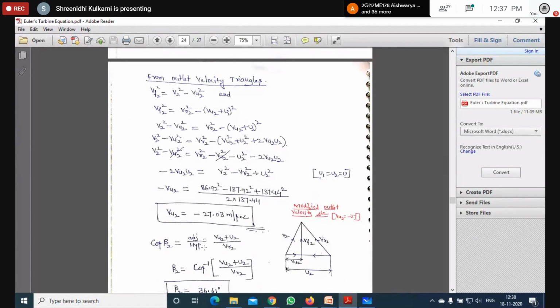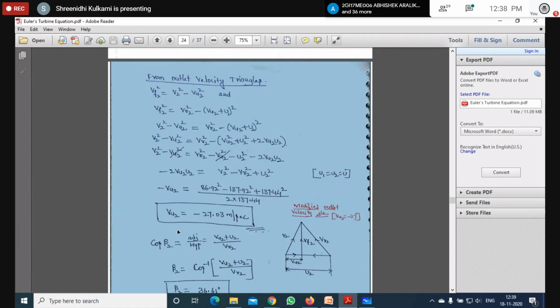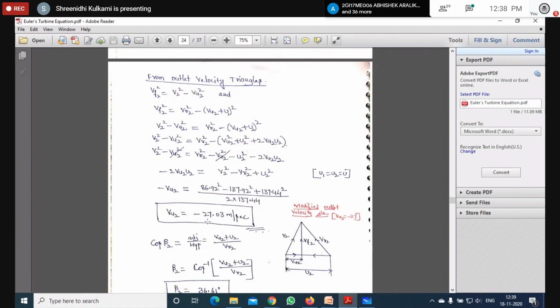This is very, very important because later you have to calculate the power. Since we got a negative value, can I directly take it as negative? No, the negative sign indicates that we have to change the direction. So I hope you got VU2 as minus 27.03 meter per second.